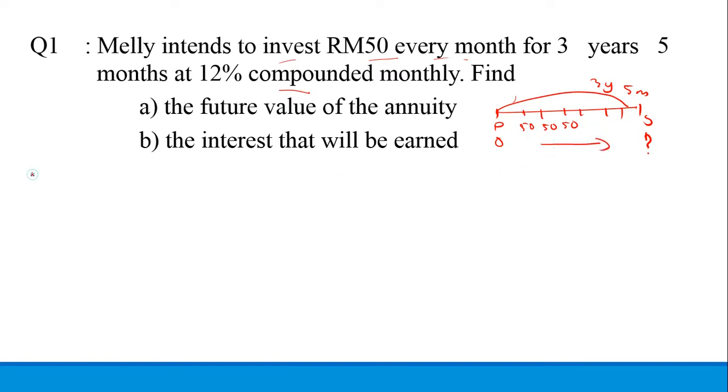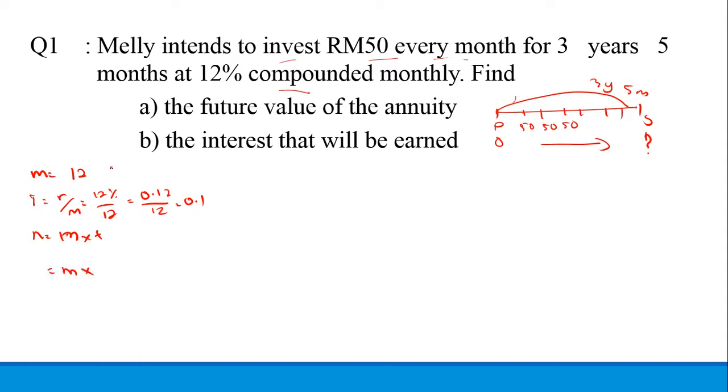First, I find that m is equal to 12 because it is compounded monthly. I equals r divided by m, which is 12% divided by 12, so 0.12 divided by 12 is 0.01. N equals m multiplied by t.